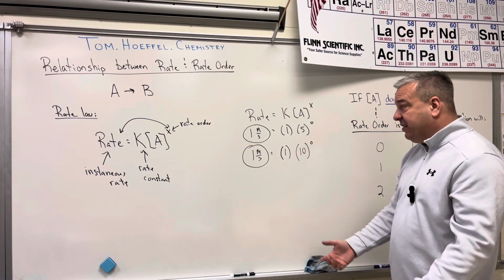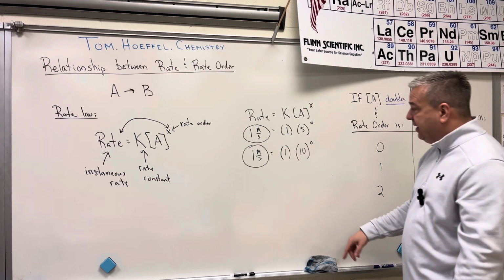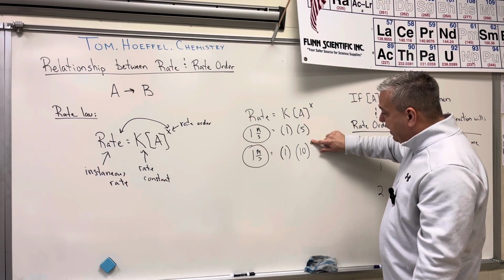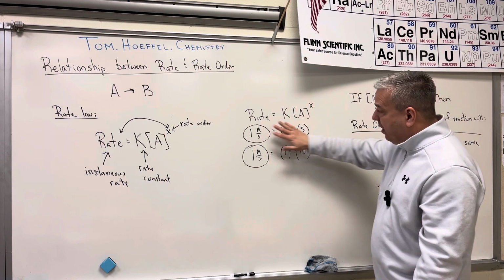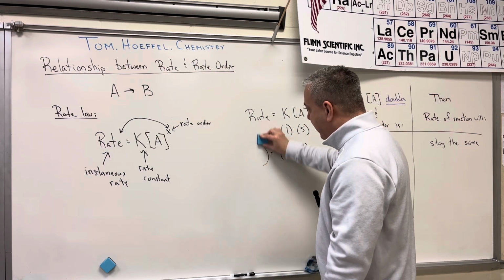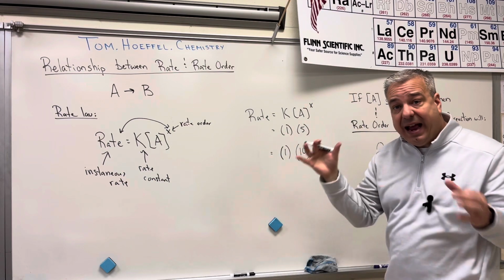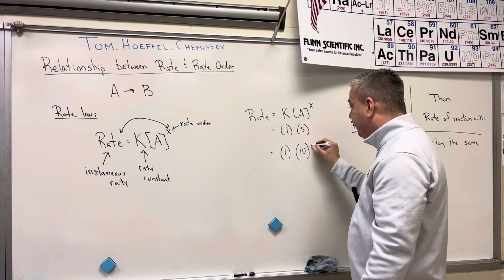Well, let's change this. Let's pretend the rate order was 1. If I change the rate order, the exponent, to 1, that's going to affect the rates, so I'm going to erase the rates here. Let's pretend the rate order or the exponent is a 1.